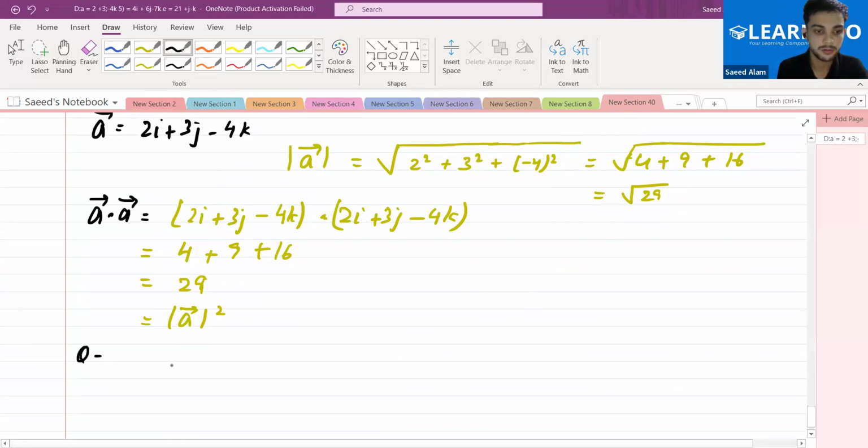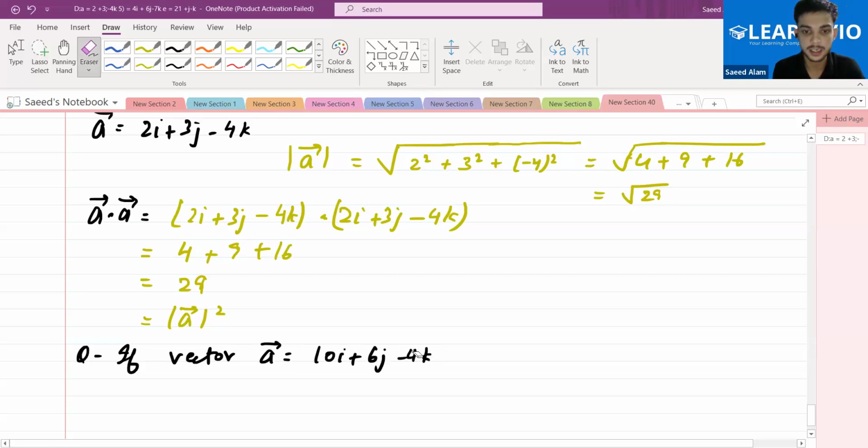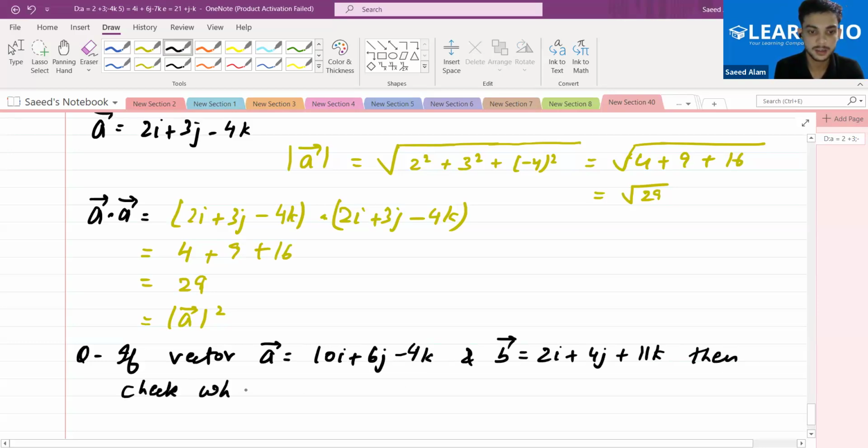If vector A is given to us as 10i plus 6j minus 4k, and another vector B is given to me as 2i plus 4j plus 11k, then check whether A is perpendicular to B or not.